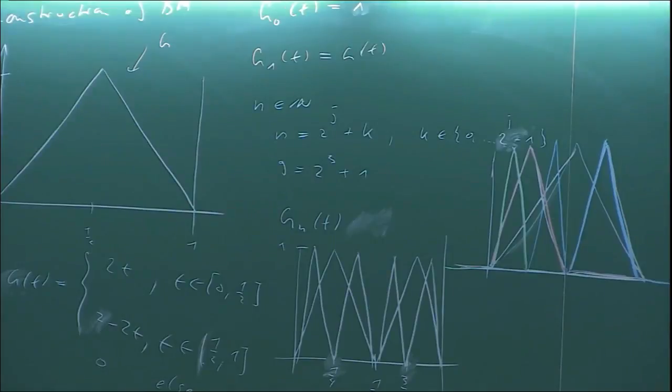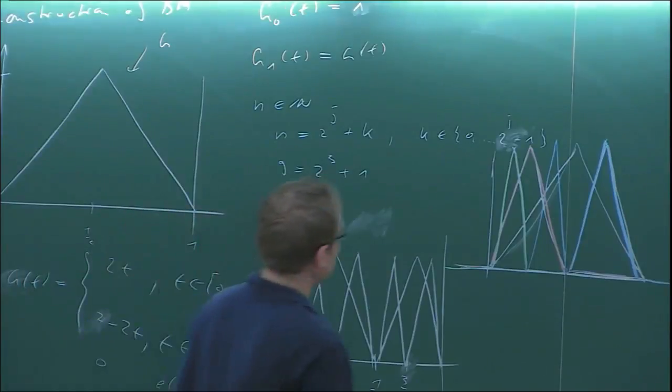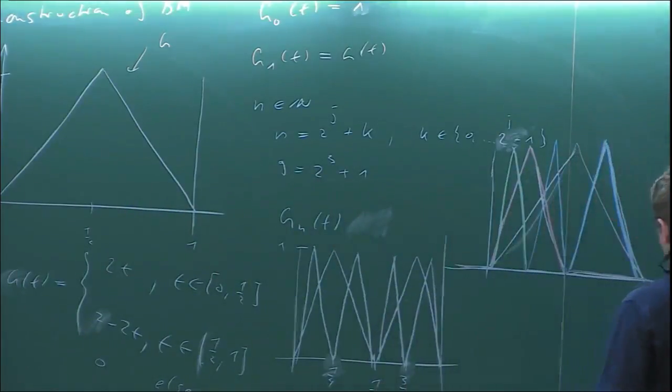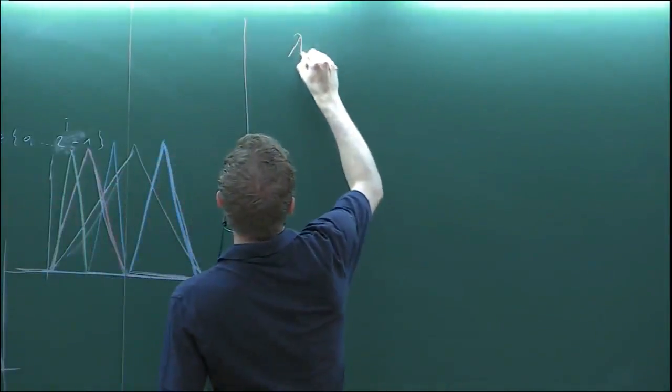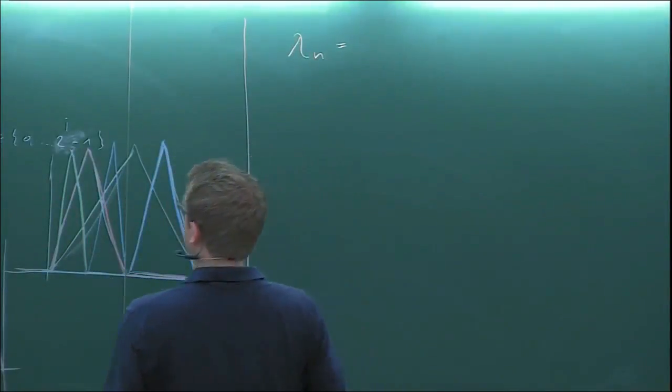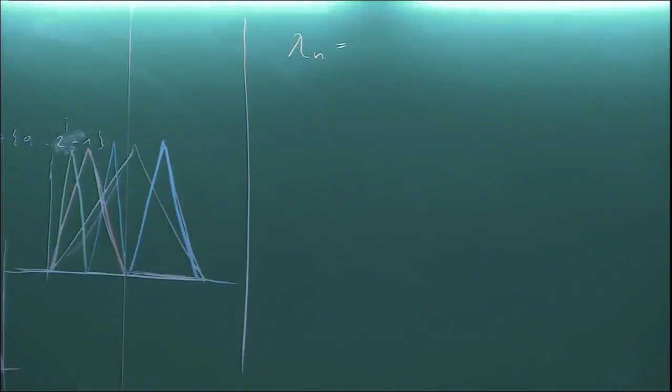So what can we do? We can now construct Brownian motion in the following sense. We define a sequence lambda n. For each n, the n's define different kinds of generations, always between the powers of 2.